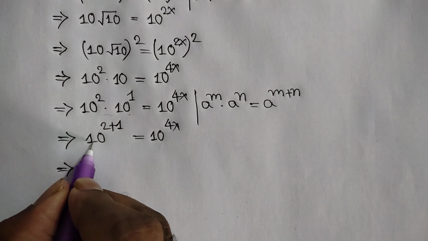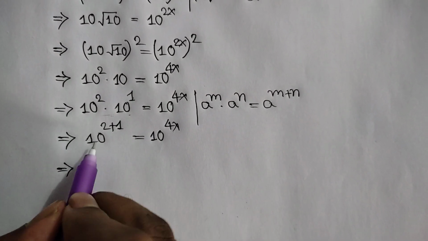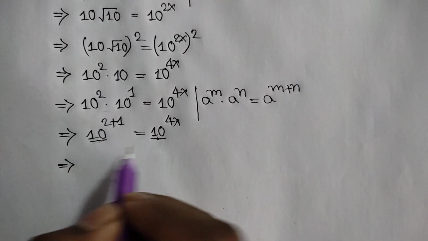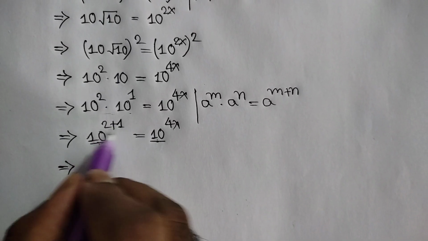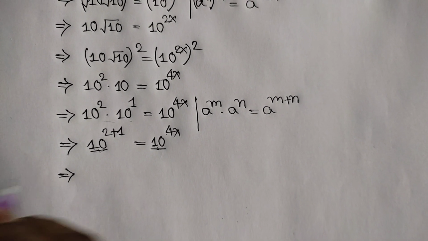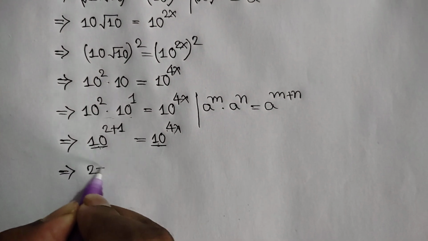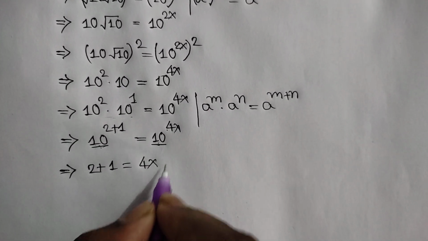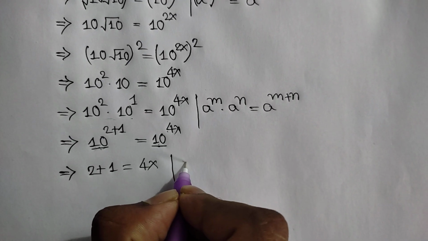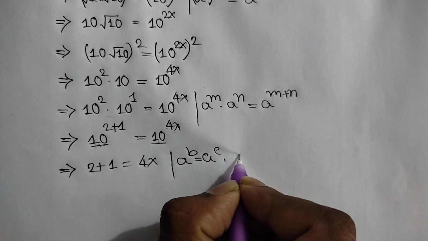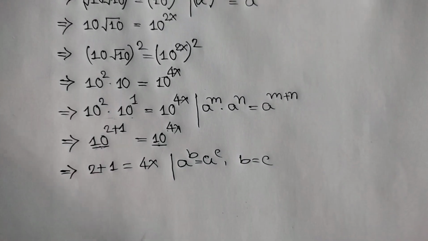Now see, here two bases are the same and two powers are different, so we can write 2 plus 1 is equal to 4x. Here we can apply this exponents rule, a to the power b is equal to a to the power c, then b is equal to c.